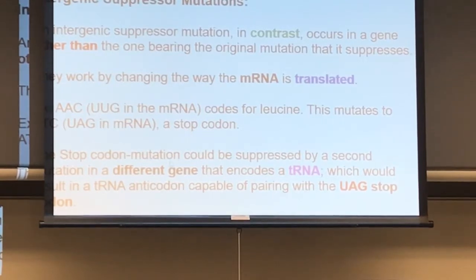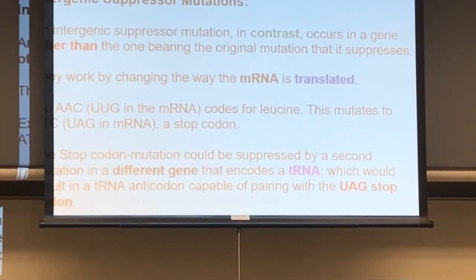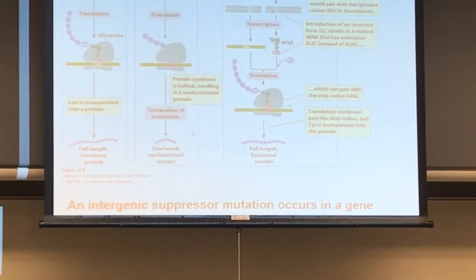The stop codon mutation could be suppressed by a second mutation in a different gene that codes for the transfer RNA, which would result in a transfer RNA anticodon capable of pairing with the stop codon. Normally there are no transfer RNAs which pair with the stop codon, but here, since there is a mutation, the anticodon is now exactly complementary to the stop codon, so it binds on it, thereby protein synthesis continues.